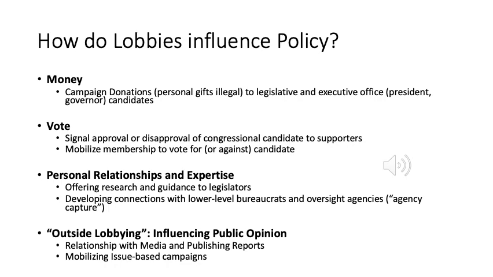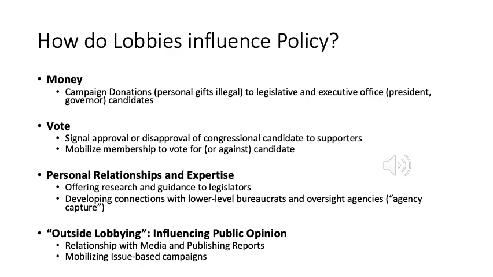Connected to that is the vote. Politicians come to power in the United States through elections. And so, other than money, which actually may be secondary, the more important way that they influence policy is through getting the vote for particular candidates or stopping certain candidates from getting votes.